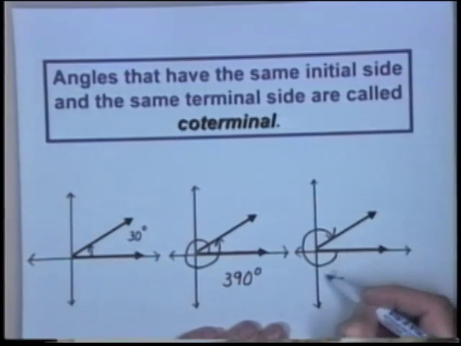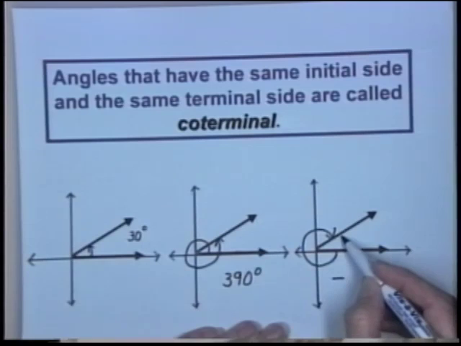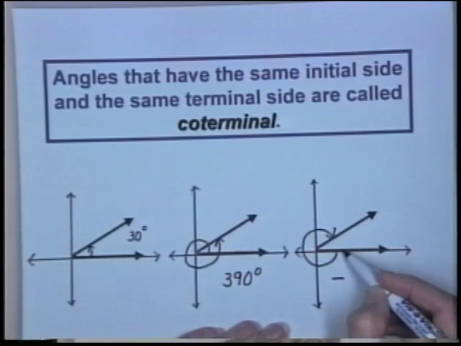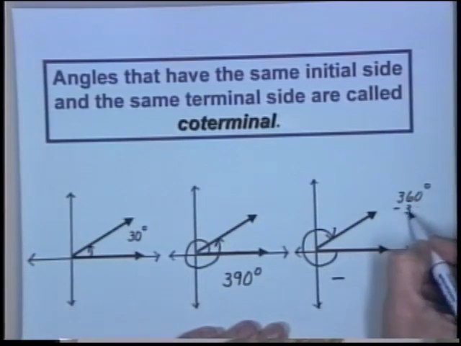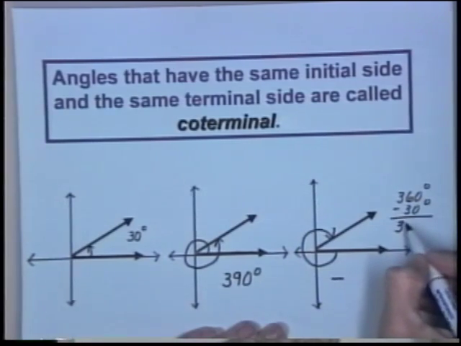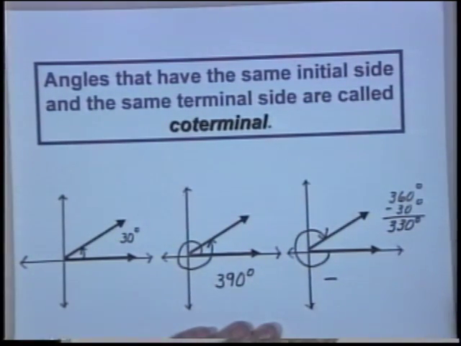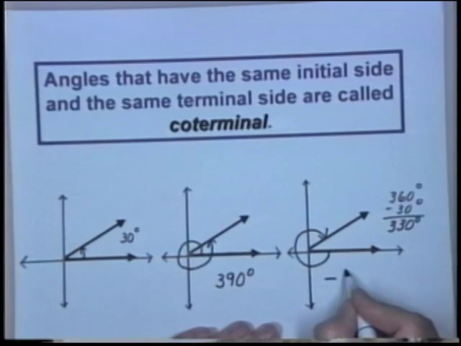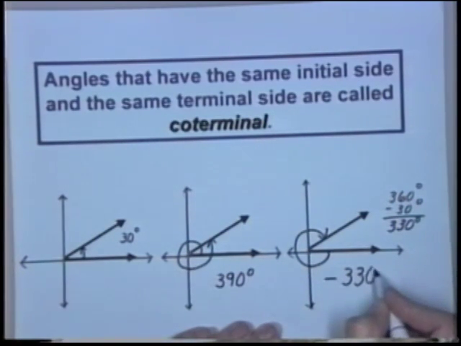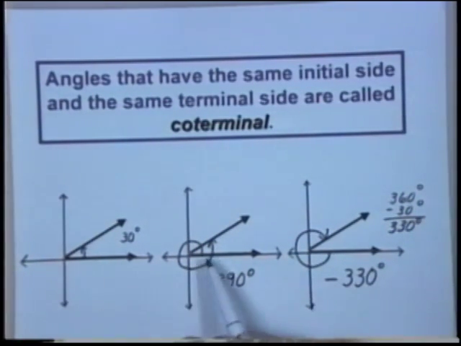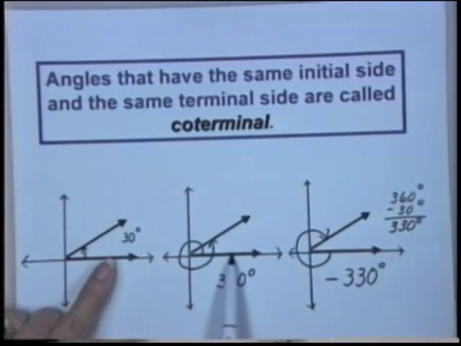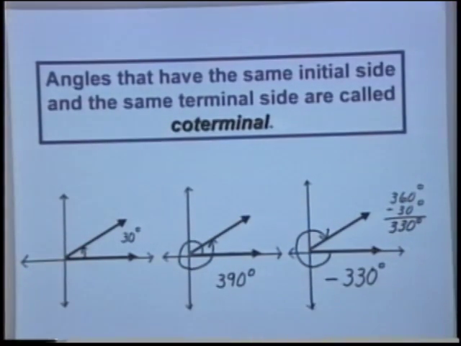I know that all the way around is 360, and this part of it is 30 degrees, so 360 subtract 30, I get 330 degrees. So the measure of this angle would be negative 330 degrees. And please note, all three of these angles have the same initial side, the same terminal side. The only difference is the rotation of the original ray.